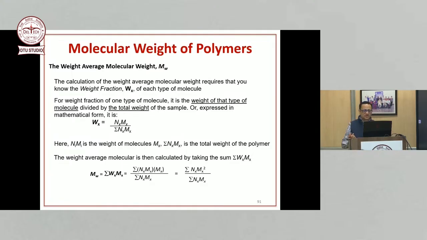Now weight average molecular weight, just look at the formula again. Wi is NiMi divided by summation NiMi. And then molecular weight is summation of WiMi. Look at it, we will do a numerical, it will become more clear when we do it.